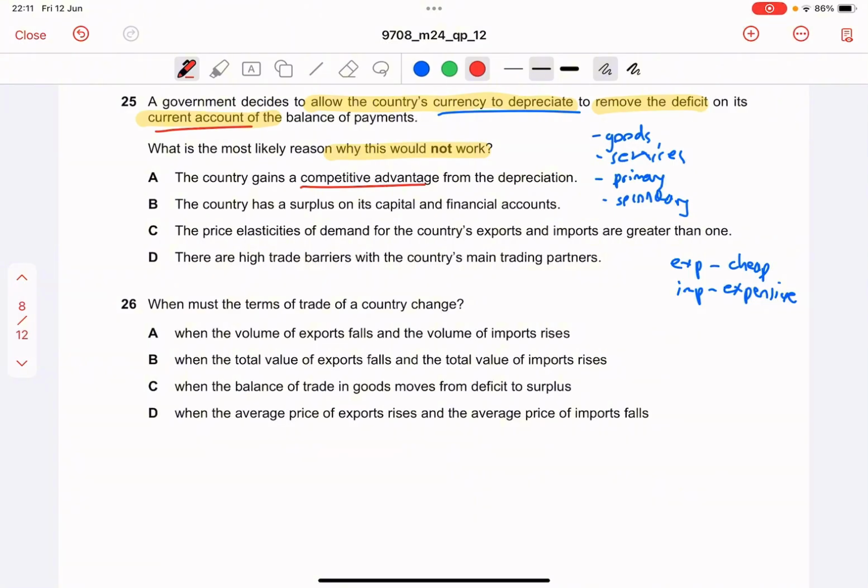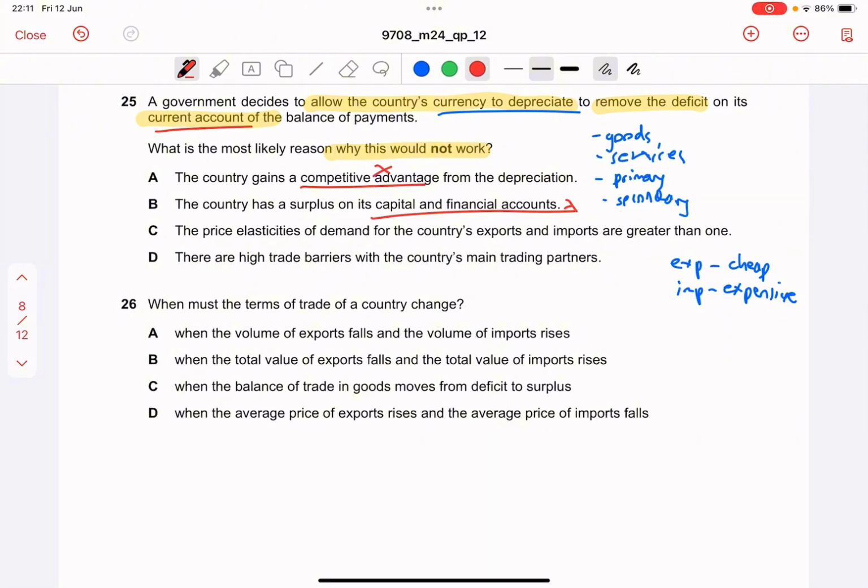So competitive advantage does not make sense, so we're going to cross that off. Second one says the country has a surplus on its capital and financial accounts. Now, at AS level, we are not taught capital and financial accounts, only the current account, so this is not related, so cross that off.